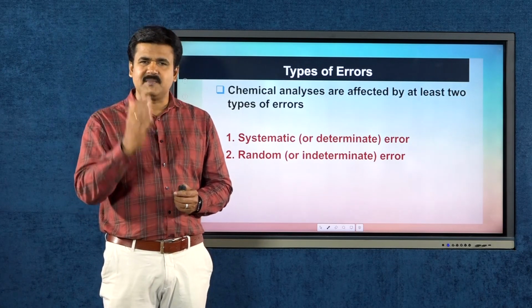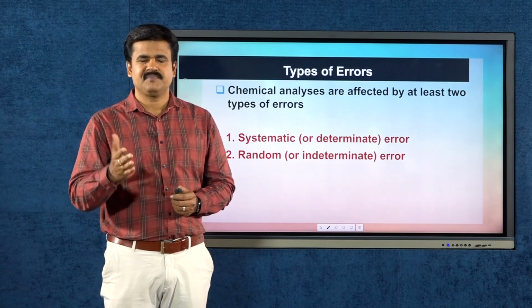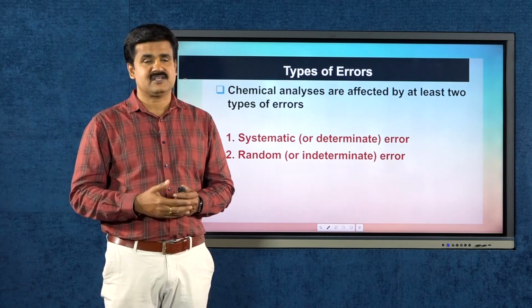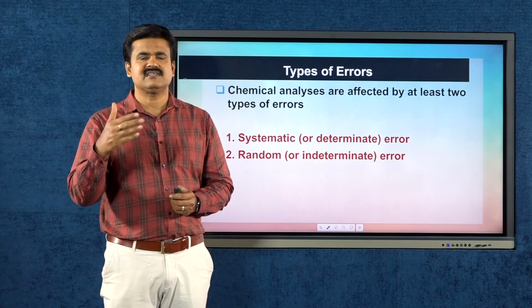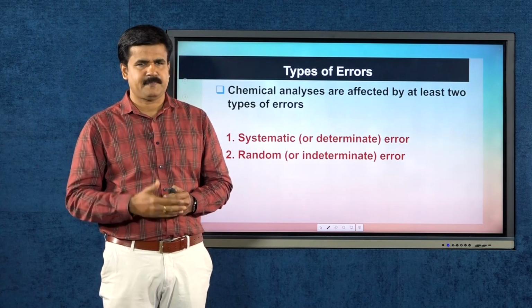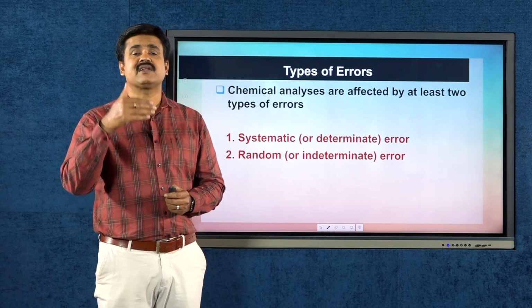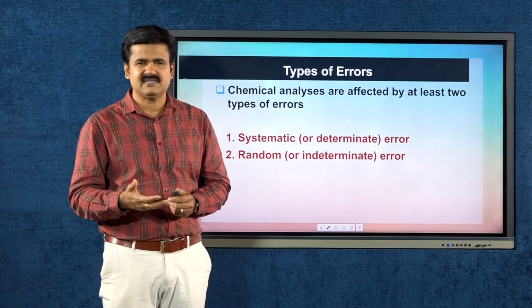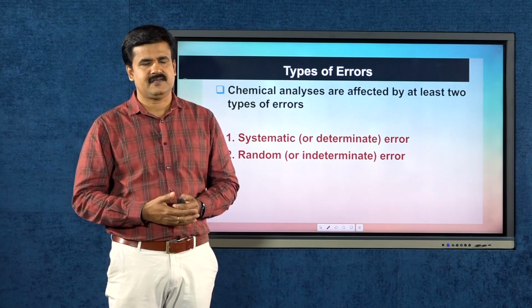So, for systematic or determinate errors, the source can be determined, the quantity can be determined, and you can correct it to a certain extent. However, random errors or indeterminate errors are difficult to evaluate and difficult to rectify.